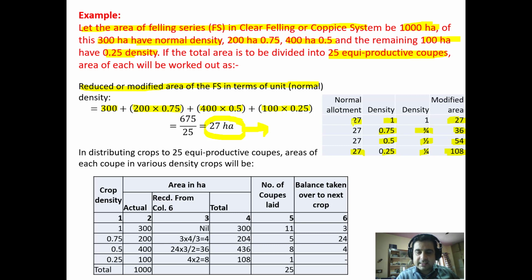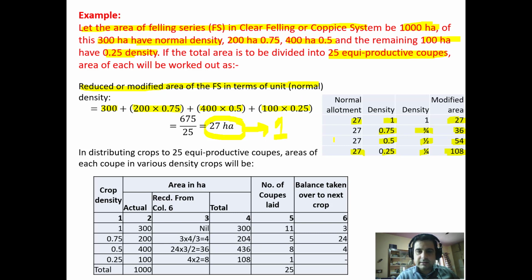So for density 1, what we have calculated is 27. For density 1 we will use 27 hectare area for one coop, because using this formula we have converted all the areas to density 1. So the 27 that we got here is for density 1.